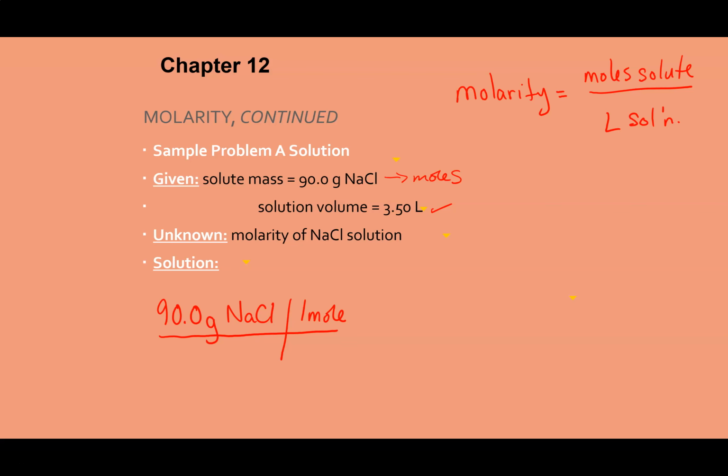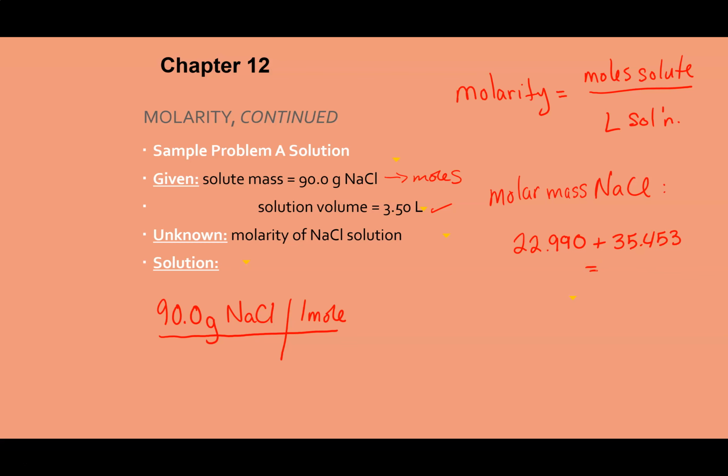I had to pause and get my periodic table out so that I could find the molar mass of NaCl. According to my periodic table that I have right in front of me, sodium weighs 22.990 grams. Chlorine weighs 35.453 grams.